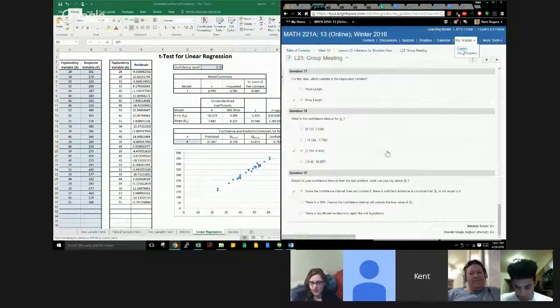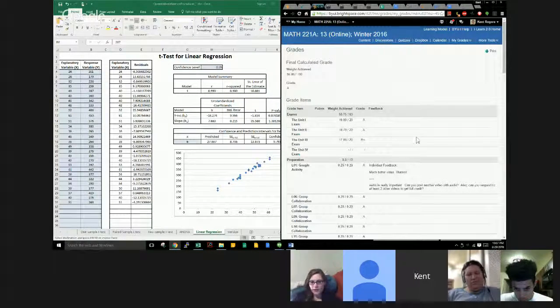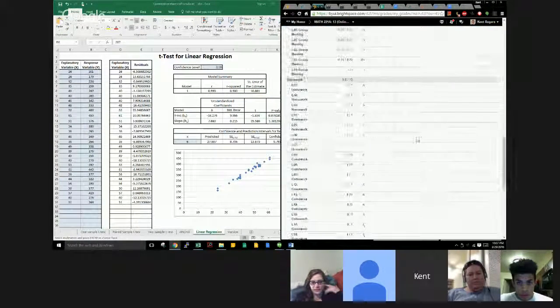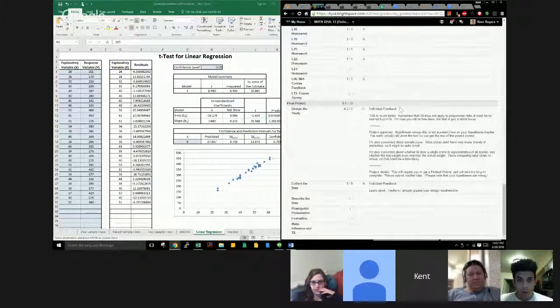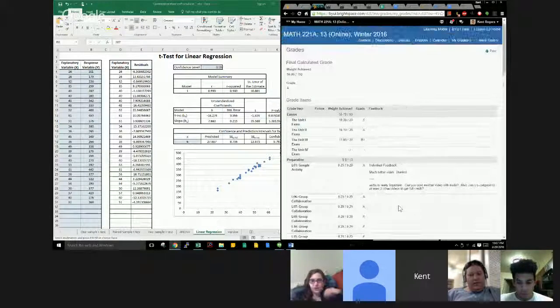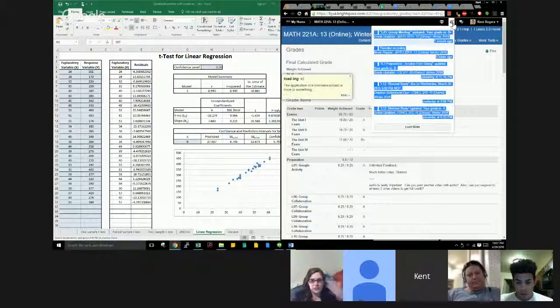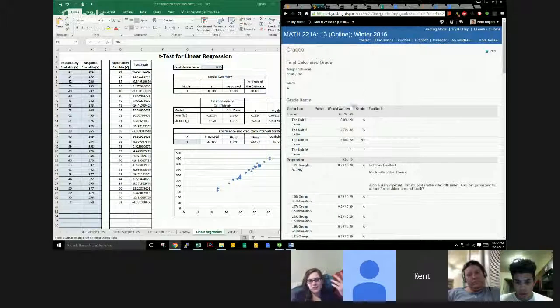Is that just me? No, I feel like they don't follow the same patterns. But I'm just a really bad tester as well, so I don't know. No, I think there's something to that because the tests are much more difficult than these things that we do together. Yeah, because sometimes these things are so easy and I'm like, oh, I totally got this. And no, it's not that way on the test.